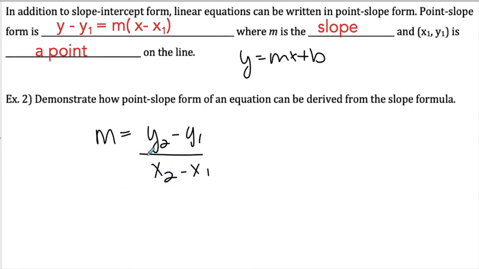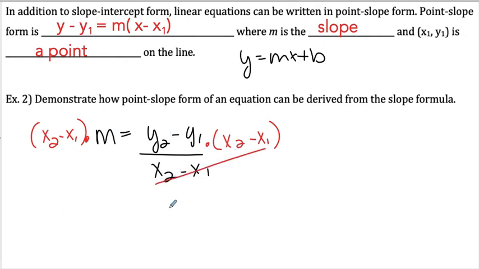So the opposite of dividing by the change in x is we could multiply both sides of this equation by the change in x, x2 minus x1. And what you do to one side of an equation, you have to do to the other. And so we have x2 minus x1 being multiplied on the left side as well.